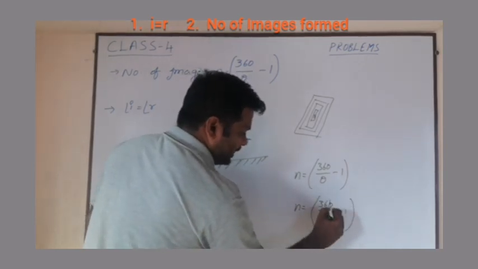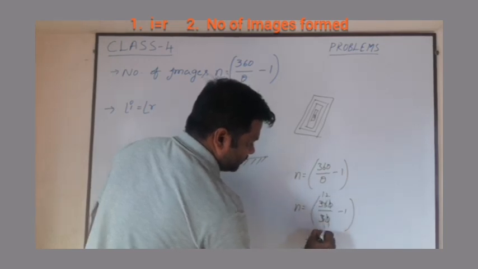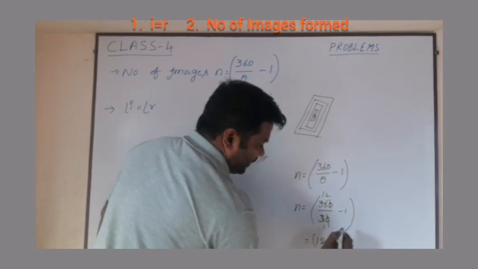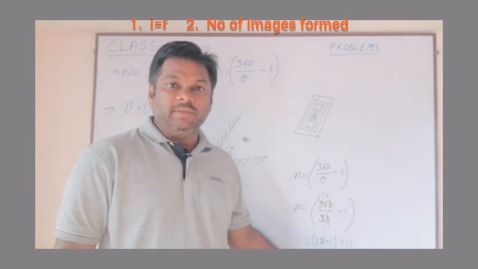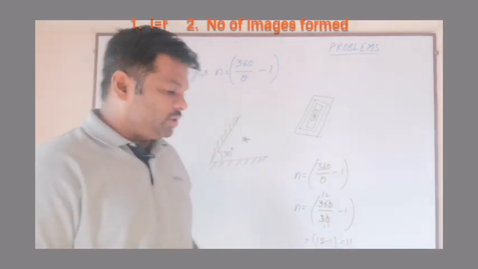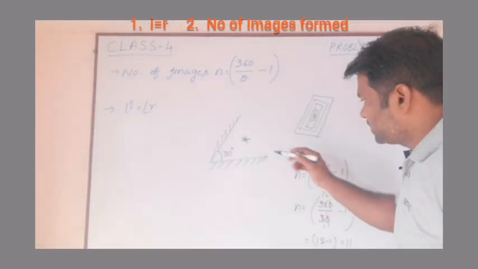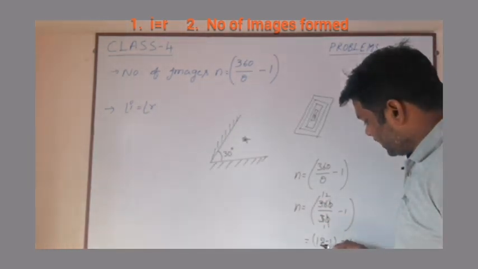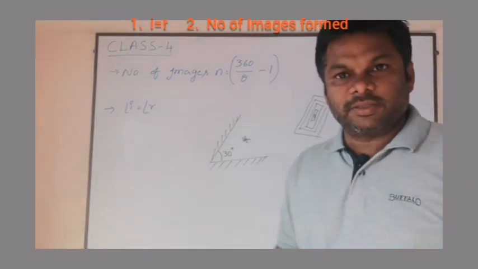So after cancellation you will get 12, and 12 minus 1 is equal to 11. How many images? 11 images you will get. When two mirrors are at an angle of 30 degrees with each other, you will get 12 minus 1, 11 images.